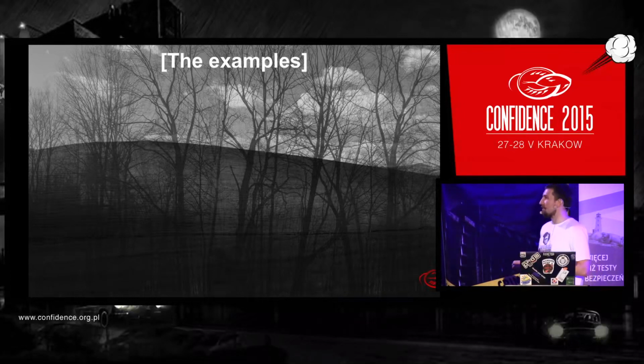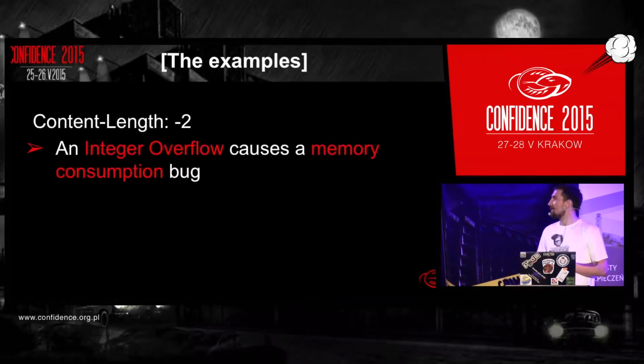Or, for example, some parsers may try to process a Content-Length of extremely large values, for example, max long. And this may also cause a buffer overflow. So, the first bug is a bug I found on some video streaming server.